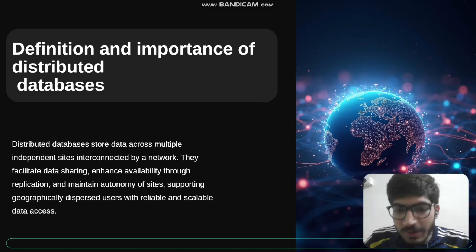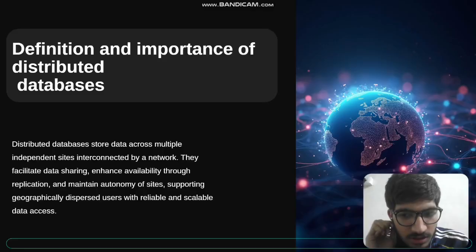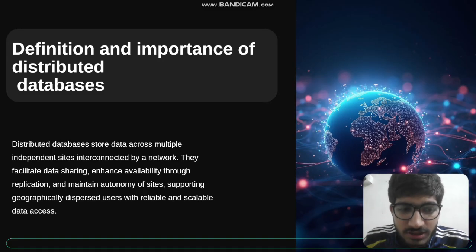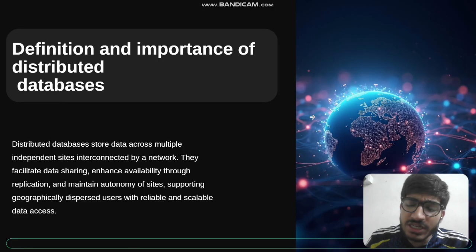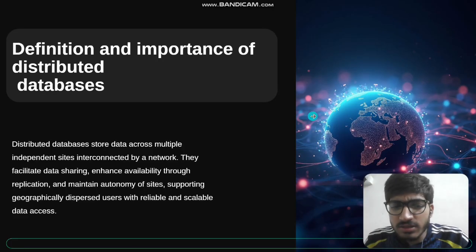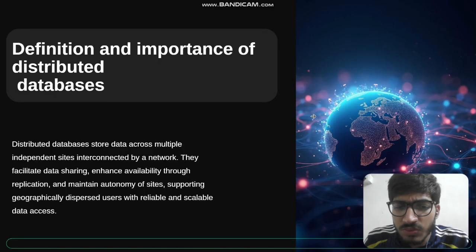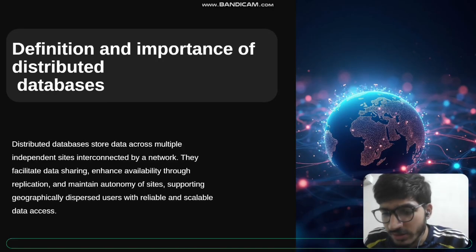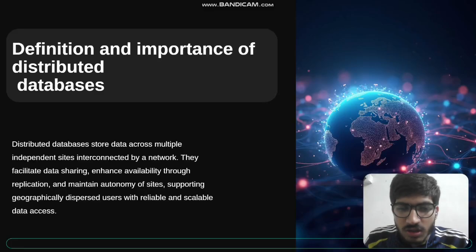So basically, a distributed database is a collection of data that is stored across multiple computers, that is servers, located in different places. But it works together like a single database. Even though the data is spread out, users feel like they are accessing one single database.